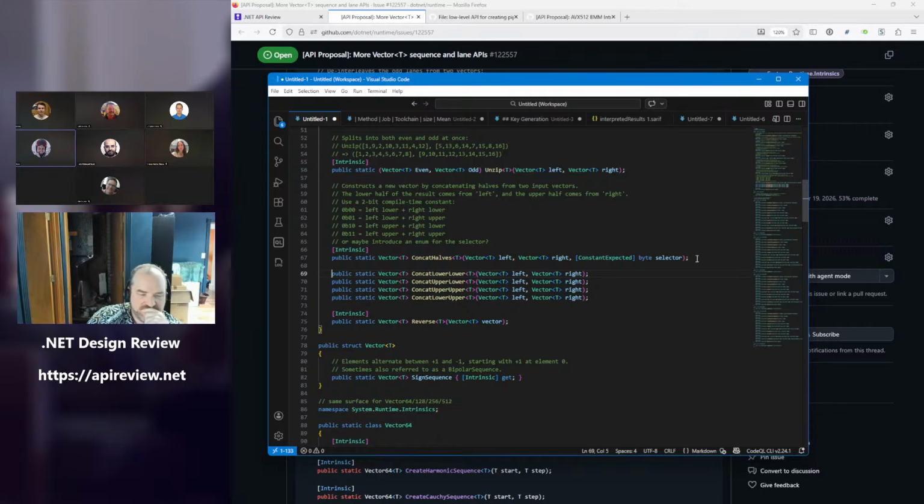Should we steelman the enum thing, or are we pretty confident we won't like it? So it'd be like concat halves left right, and then it would be like vector half selector dot lower something like that. Yeah. I think the thing that pushed away from that was people reading halves and being like, this word doesn't look right. Yeah, I hear you.